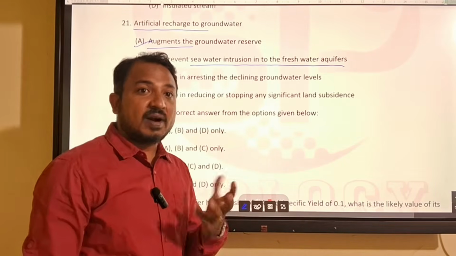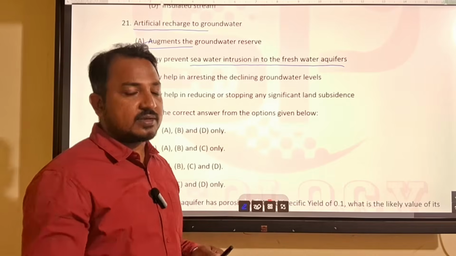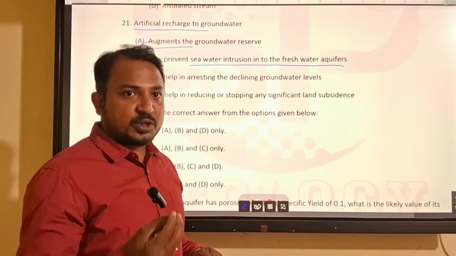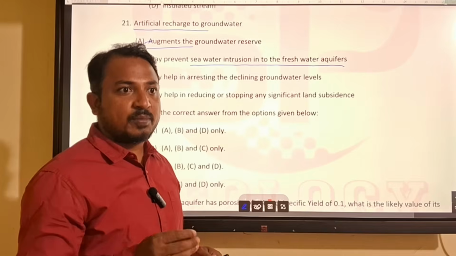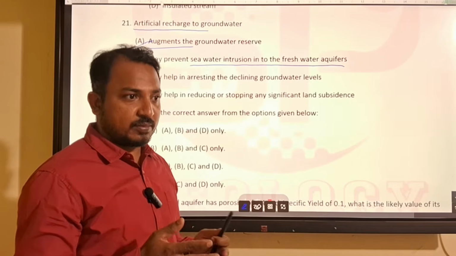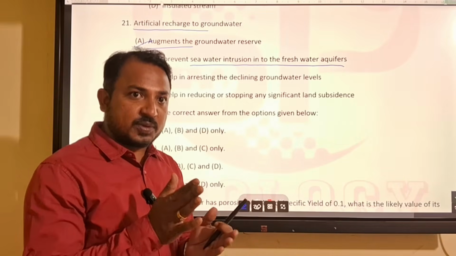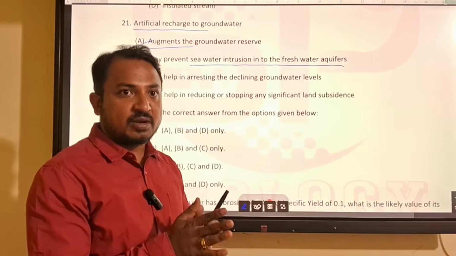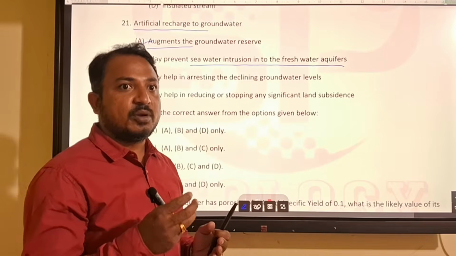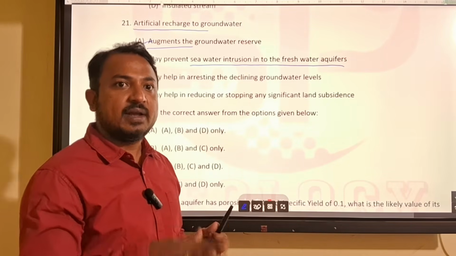So if you pump out water from the subsurface region, then the pore space will become emptier. Because of pressure, gradually the rock will be compacted, the pore space will reduce and the volume will decrease. If the volume decreases, then there might be subsidence.